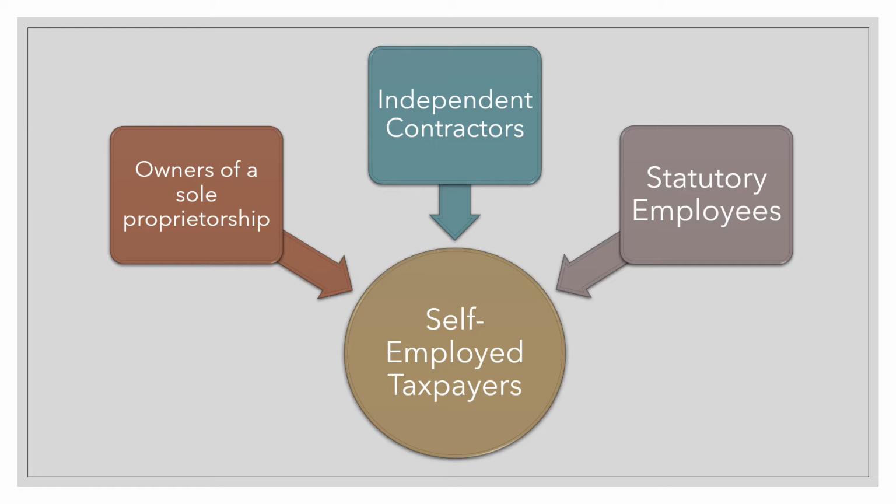Now, generally speaking, this is not something that our taxpayers need to figure out. It's whoever they are working for that classifies them as an independent contractor or an employee.